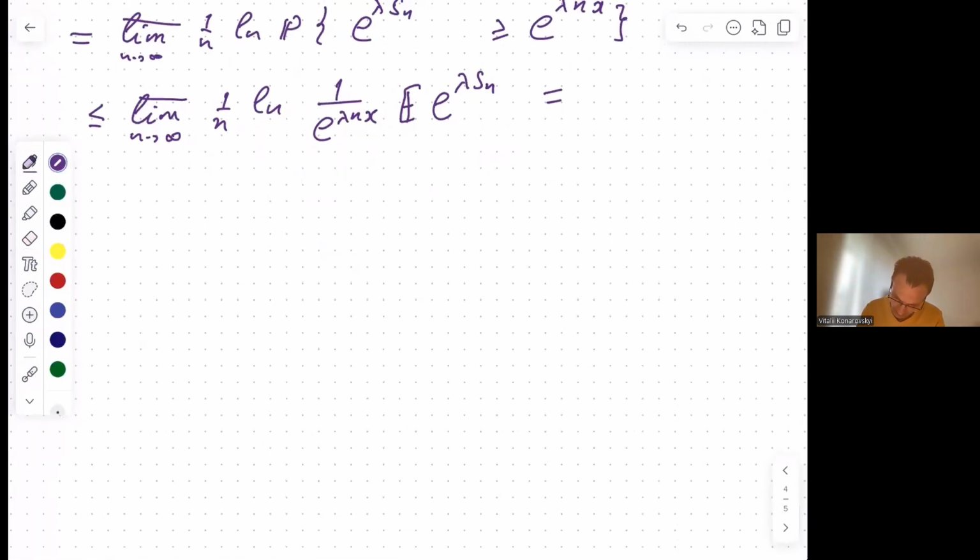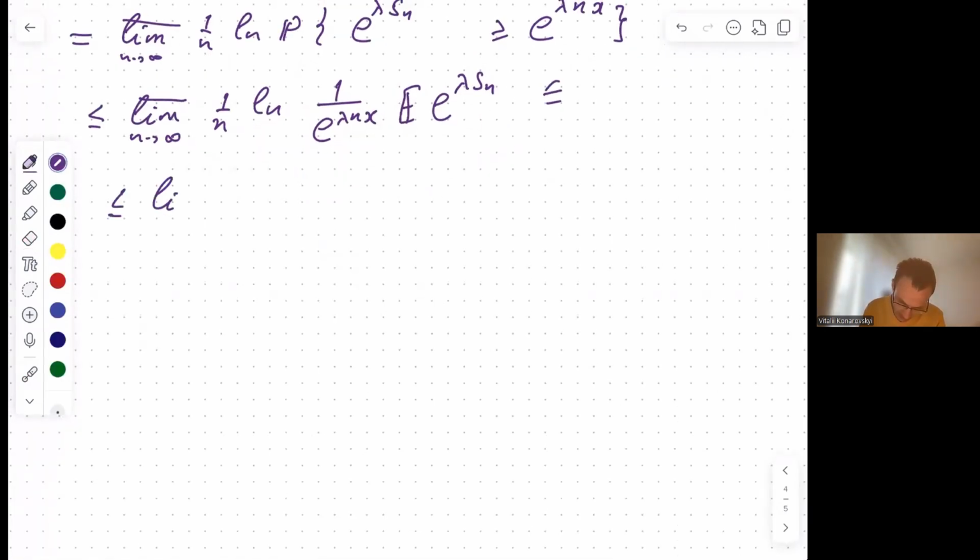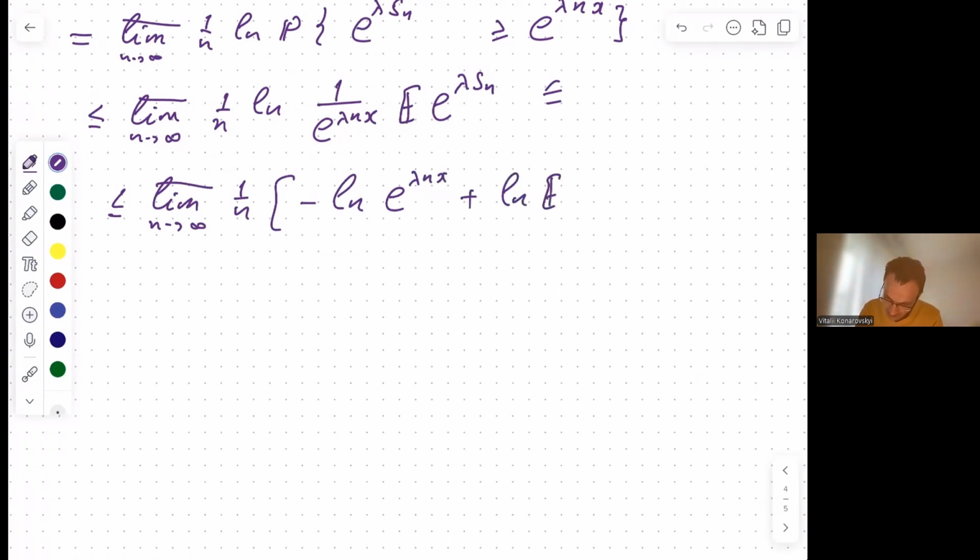Okay, let's continue. It is the limit as n goes to infinity of 1 over n times the logarithm of e to the power lambda n x, plus the logarithm of the expectation of the exponent of lambda times the sum of random variables.